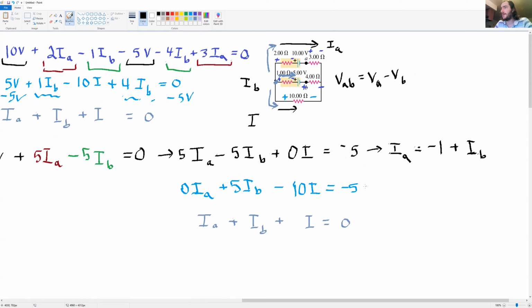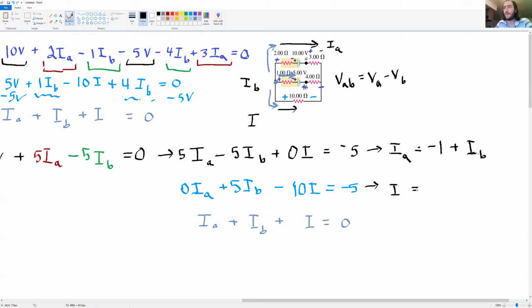And then from this equation here, I see that I is equal to, and notice what I'm doing here. I'm making sure that when I solve, the thing that I put on the right-hand side is the same for both of the other quantities that I'm solving for. Okay, so if I solve for IA, then obviously IB will be on the right-hand side.